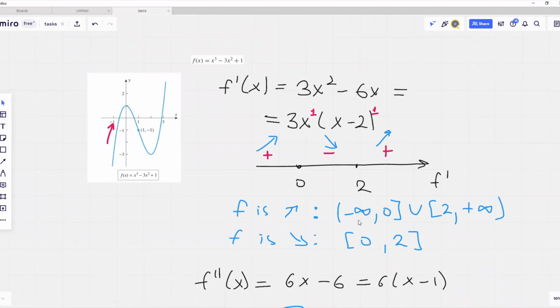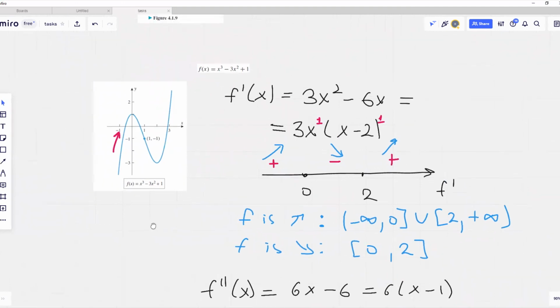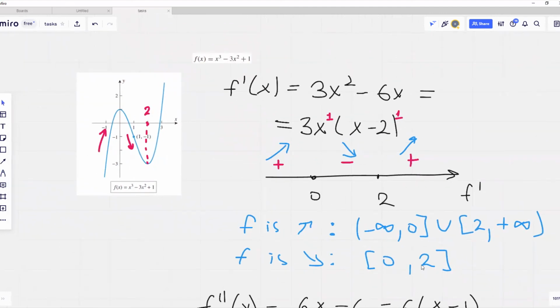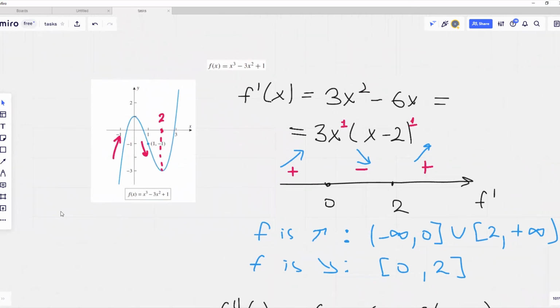Then our function is decreasing on the interval from 0 to 2, which is true. We confirmed that by looking at the sign of the first derivative. And then our function is increasing on the interval from 2 to plus infinity, which is also true.